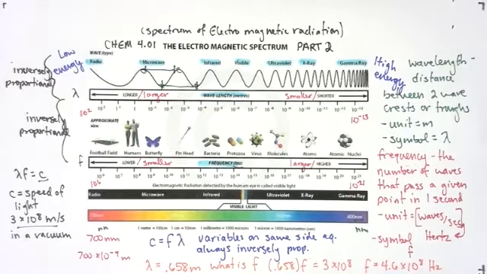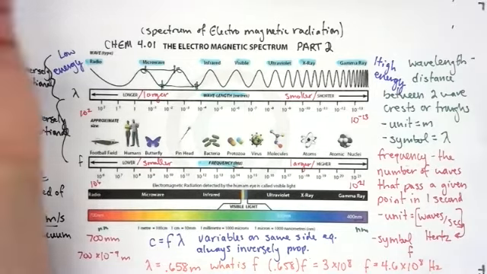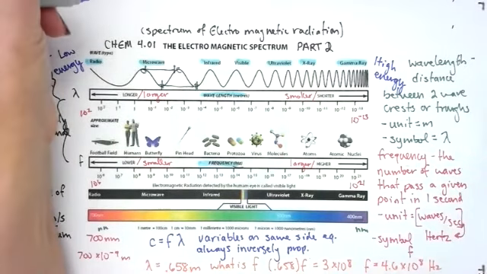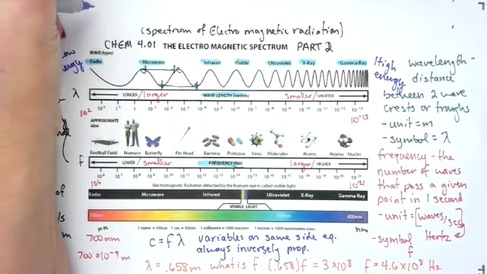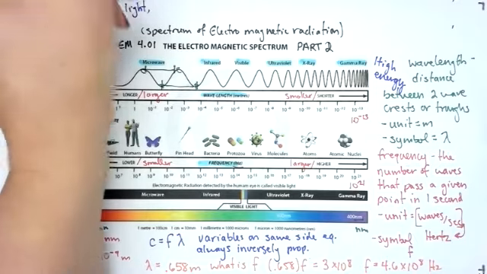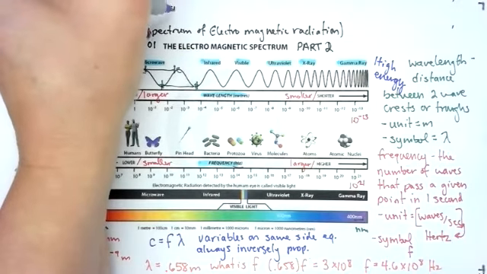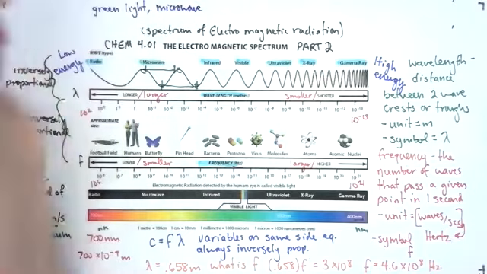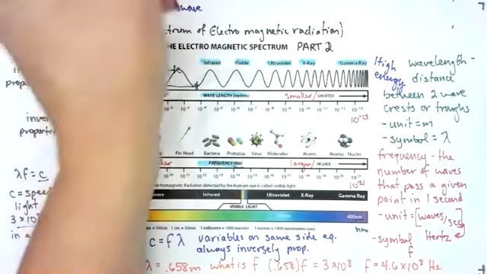But let's do one more sample problem before we wrap this up. One of the questions I might give you is, let's do green light. Let's do microwave. Let's do red light.